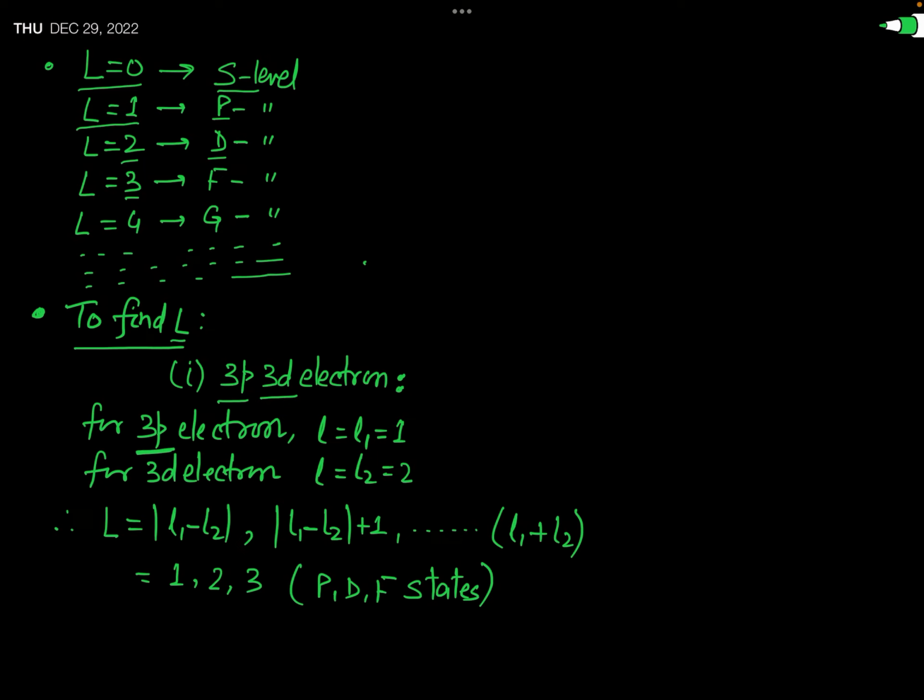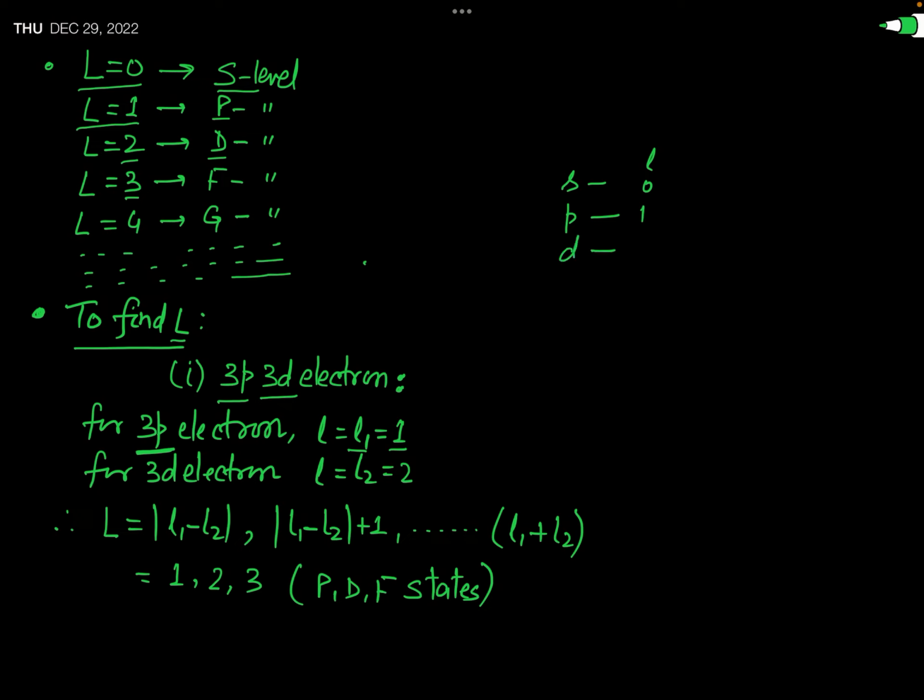And for a p electron, the orbital quantum number small l1 will be equal to 1, because for s electron, orbital quantum number l is equal to 0. For p electron, orbital quantum number is 1.